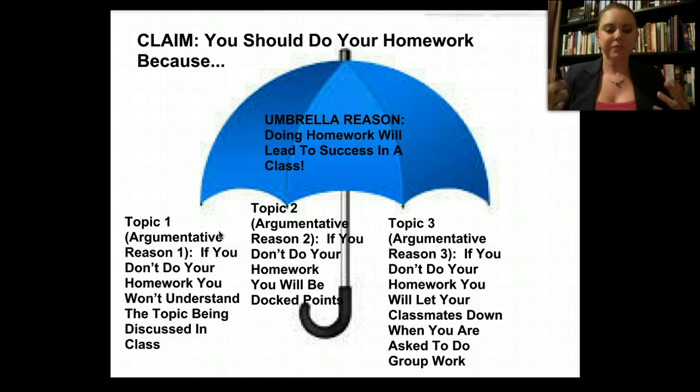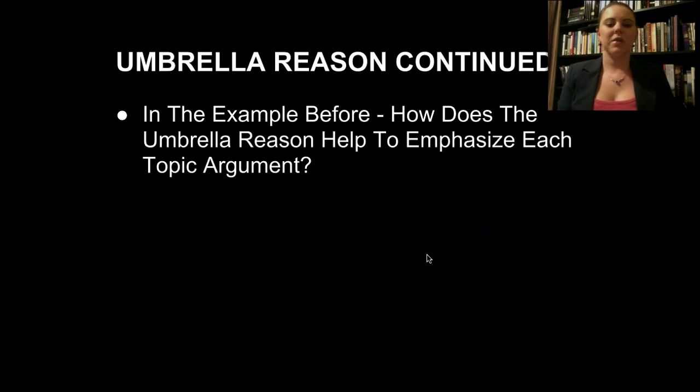Okay, so when we are creating an umbrella reason, we want to find something that is going to touch on all of the topics, but that doesn't list them out. So, in the example before, how does the umbrella reason help to emphasize each topic argument?